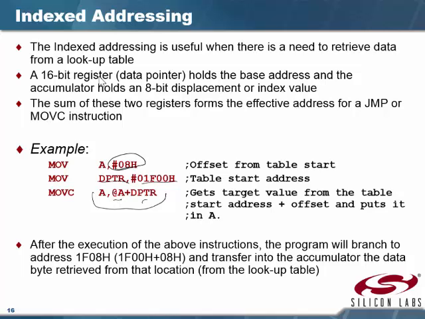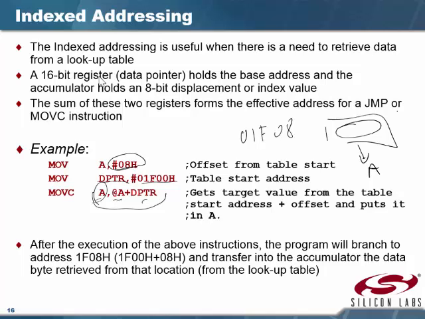So this is going to get from memory location 1F08 whatever is stored there and move it into A. This puts 8 into A, and this puts 1F00 into the data pointer. We add 8 to the data pointer, so that gives us memory location 1F08, and that's moved into A.